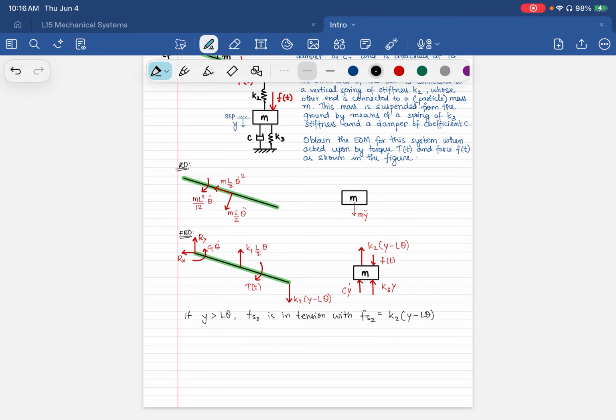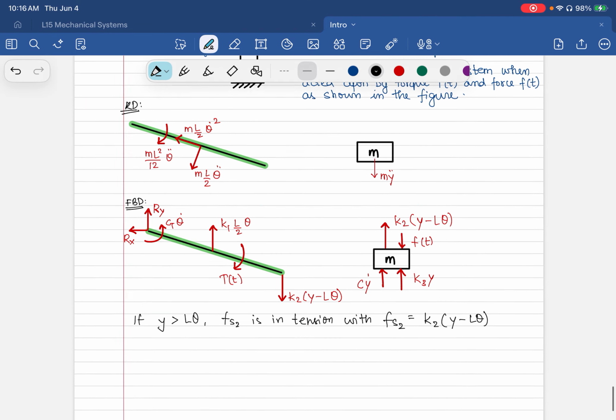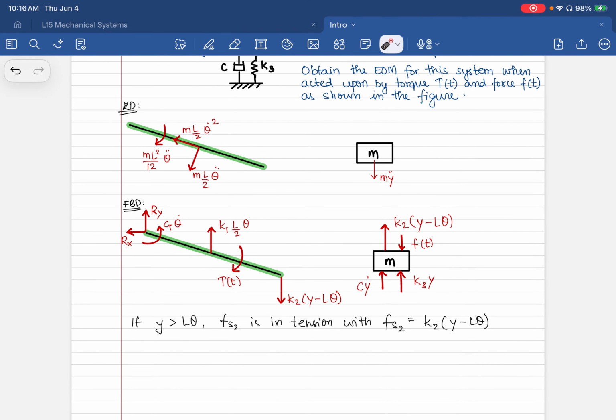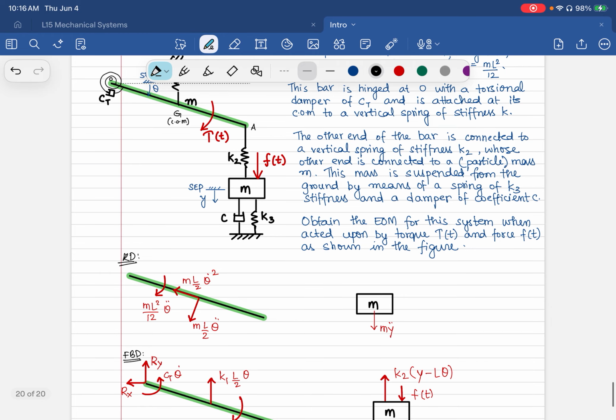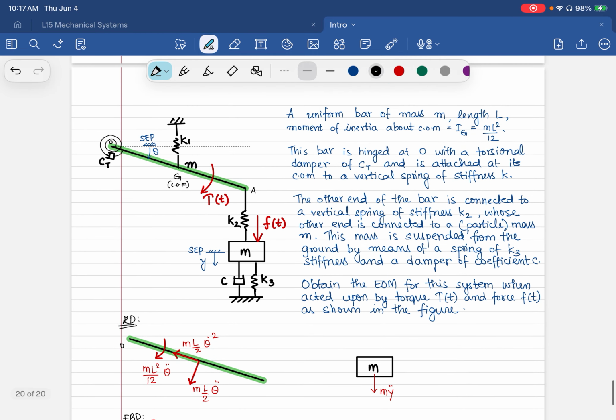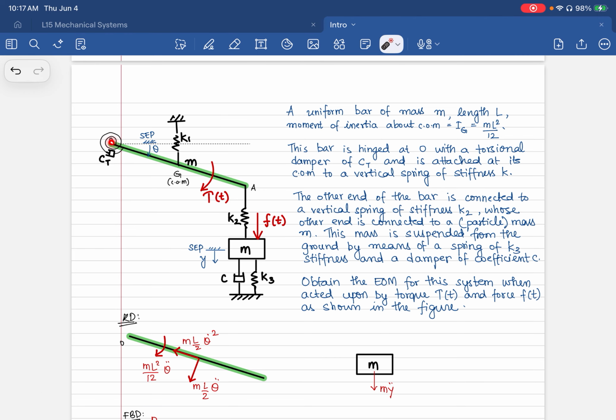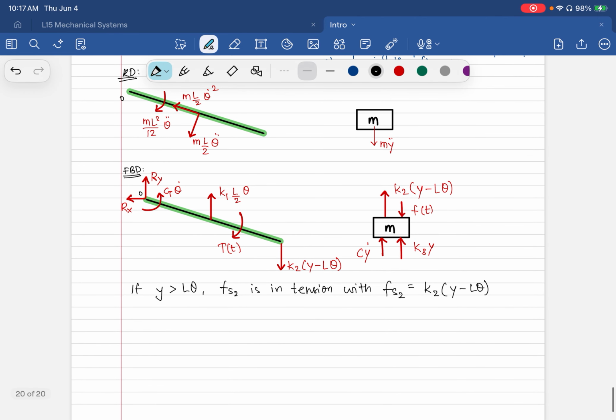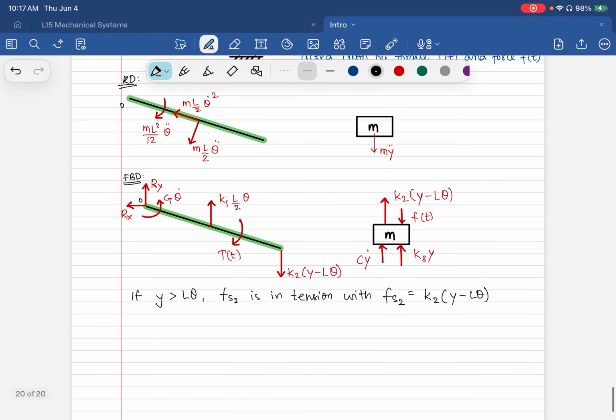I'll try to be careful. Where should we take our moment about? We take it about this point. I'm going to name that as O. It's actually already named. It's hinged at O here. So I'm thinking about that so that the reaction forces vanish.